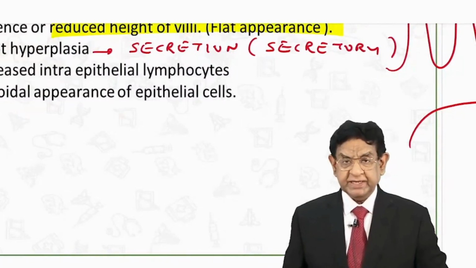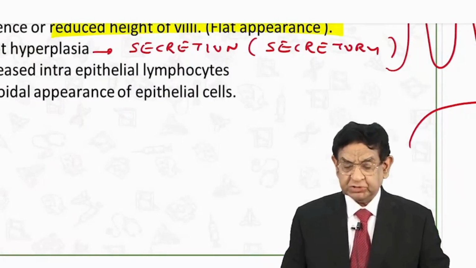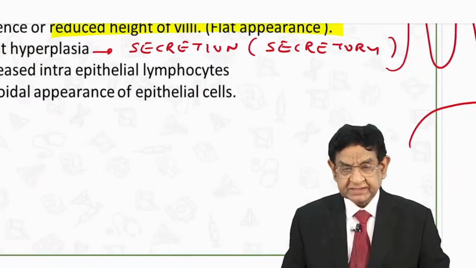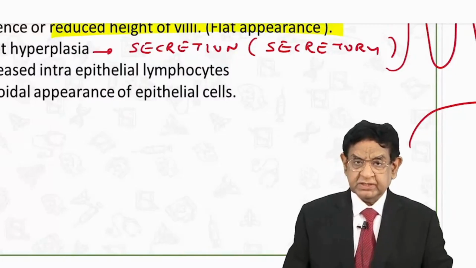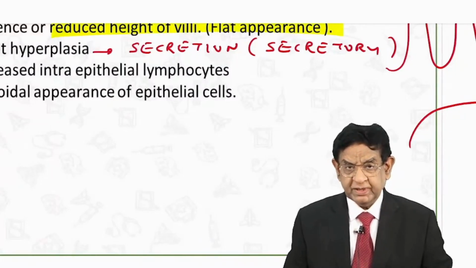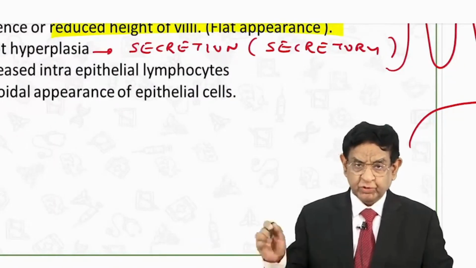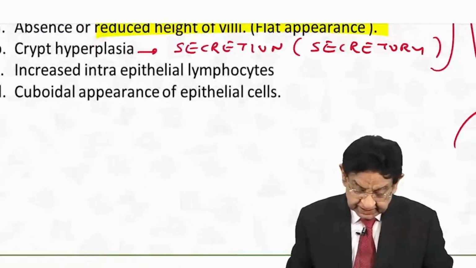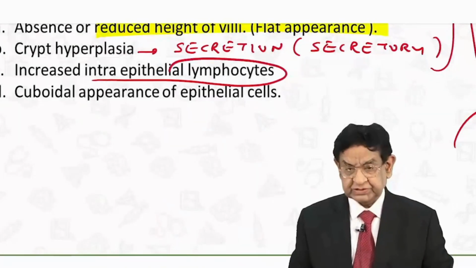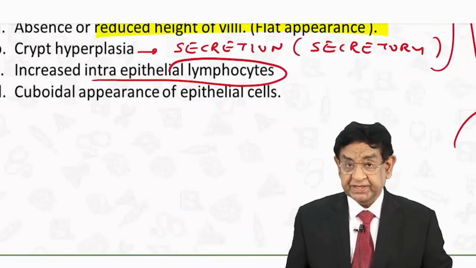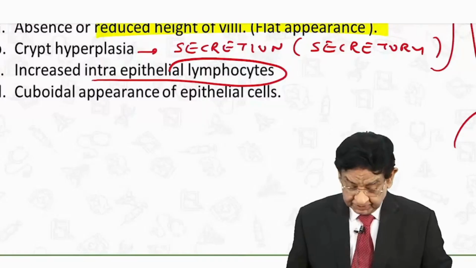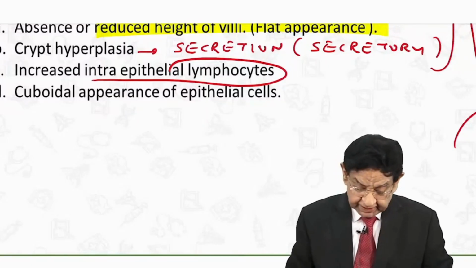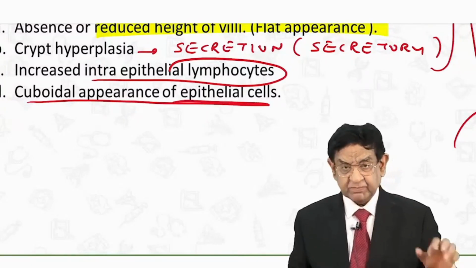The two types of diarrhea are secretory diarrhea and osmotic diarrhea. This I discussed in my lecture on small intestine part 1. Those of you who have not seen it, for more detail you can see that lecture. There is an increase in the intraepithelial lymphocytes. Inflammatory response is there. Okay. And the epithelial cells become cuboidal.